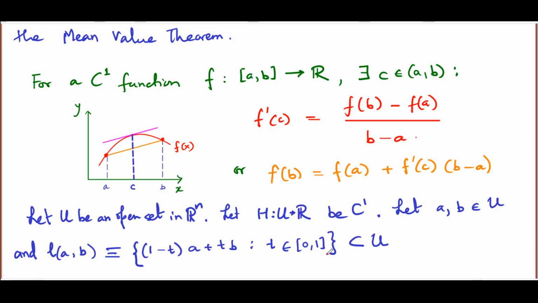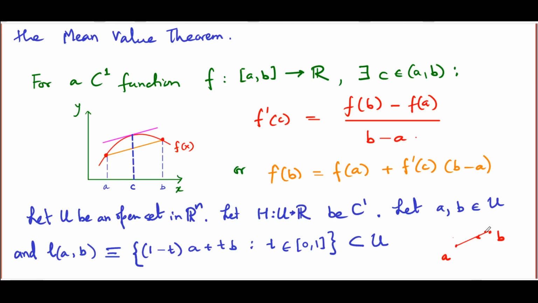It's pretty easy to see what this means geometrically. If you were in R2, then what you are saying is, if this point is A and this is B on the plane, the point (1 minus t) into A plus t into B is simply a point somewhere in between.